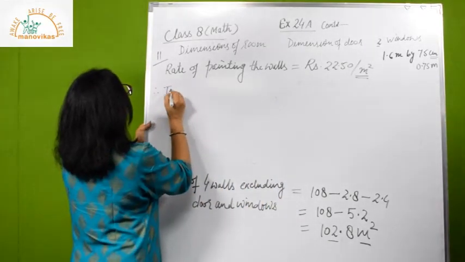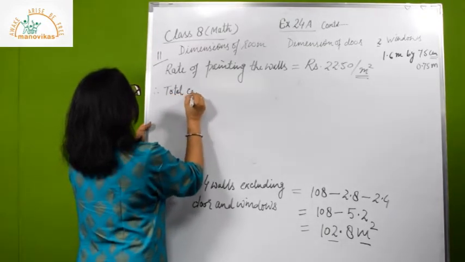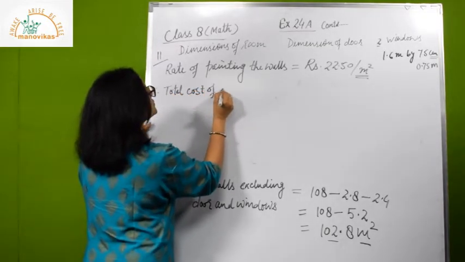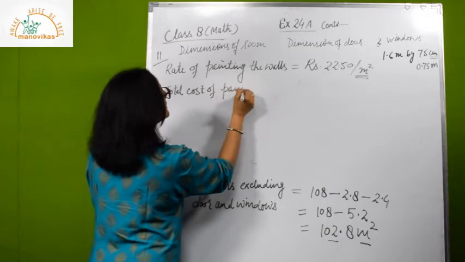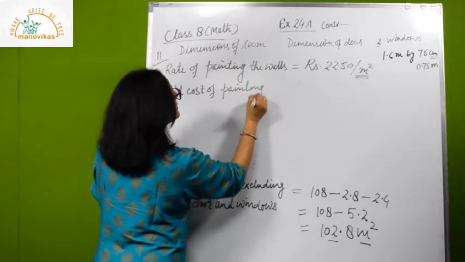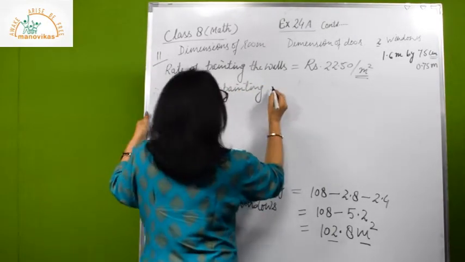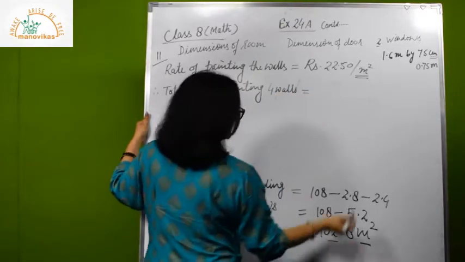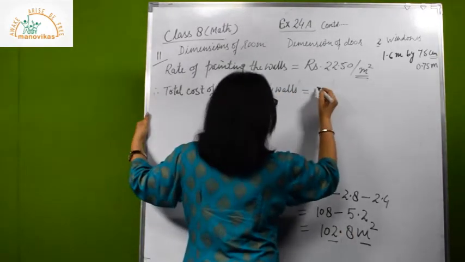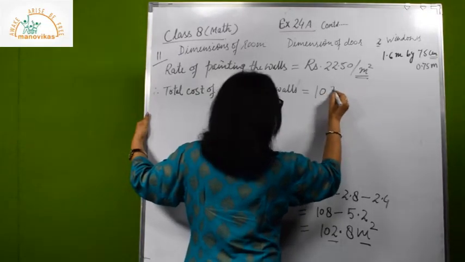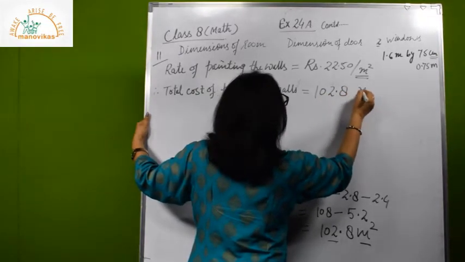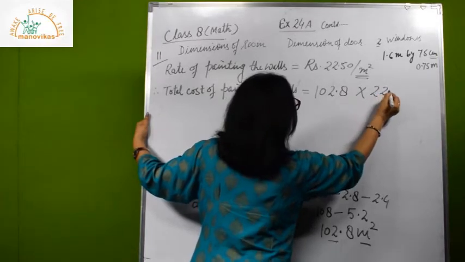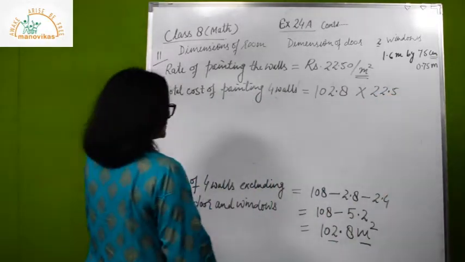Therefore, total cost of painting four walls. The total area of 4 walls excluding the window and door is 102.8 and the rate of 1 meter square is 22.50.